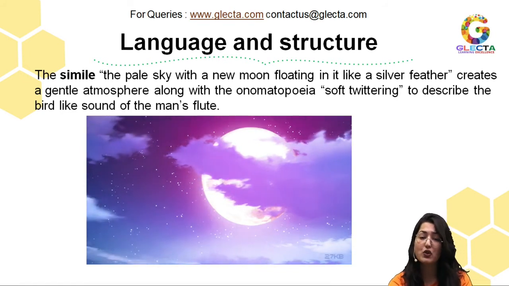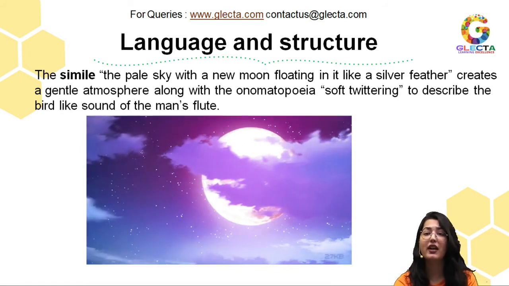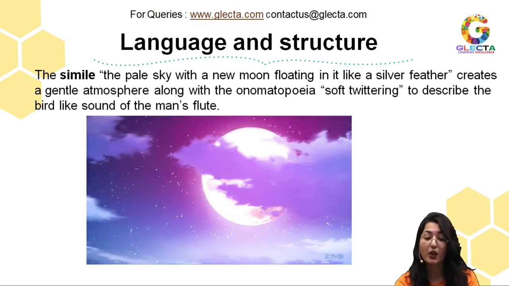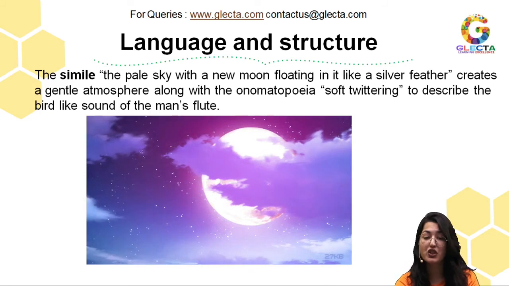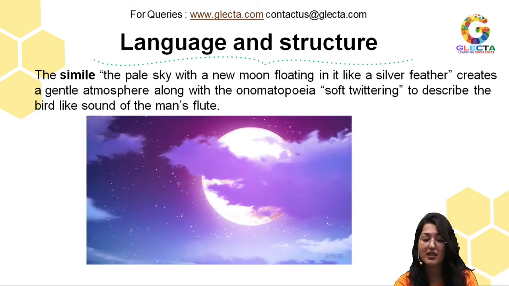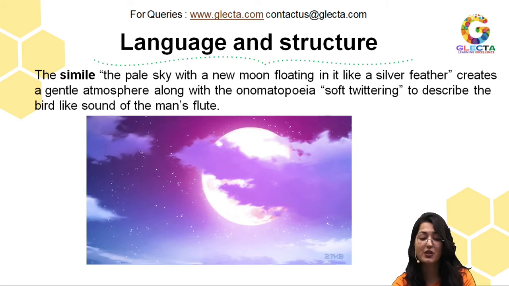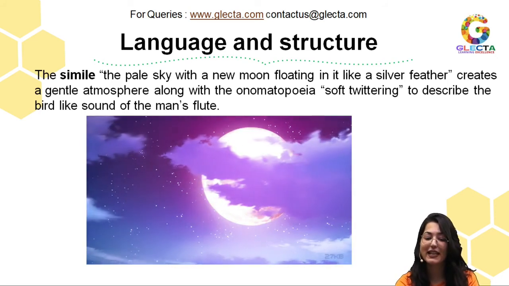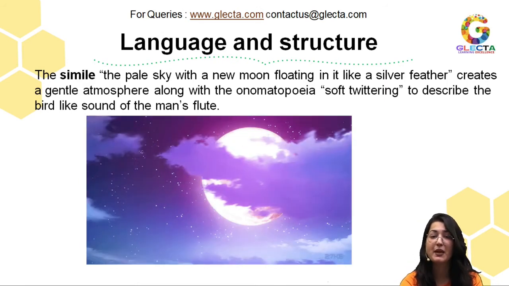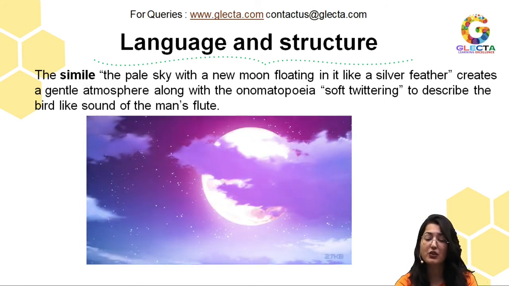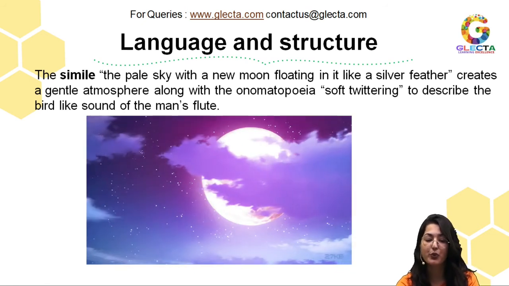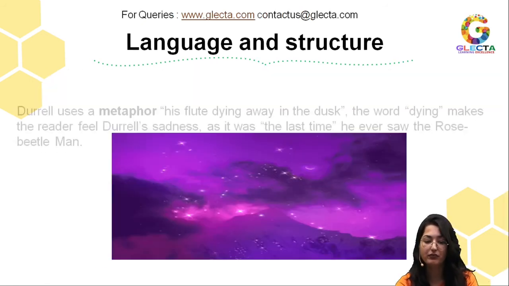Here also the simile is like two things in contrast, two things in opposition, meaning there was a gentle atmosphere and soft twittering to describe the bird-like sound of the man's flute. Here the atmosphere was gentle and the man's flute was beautiful.